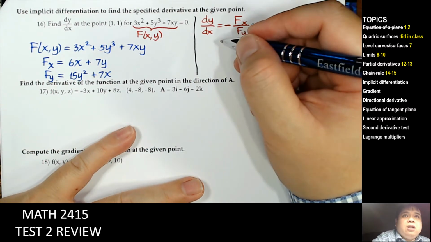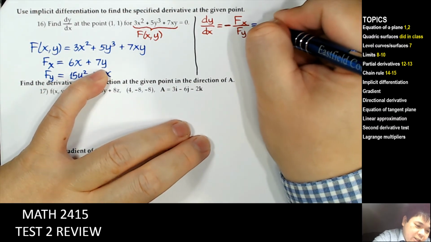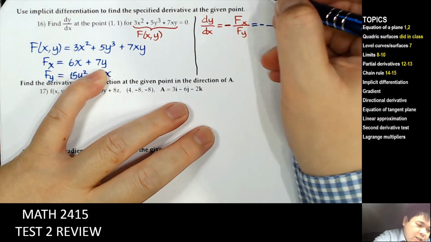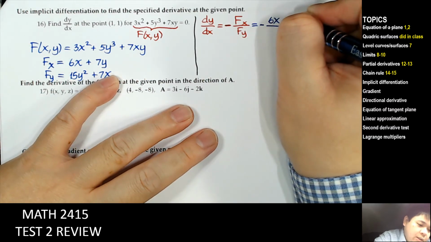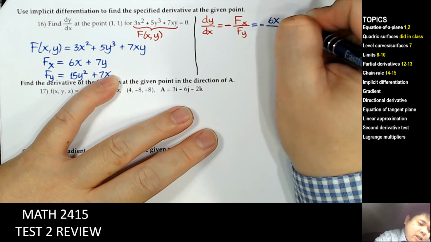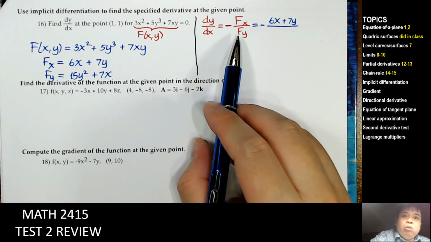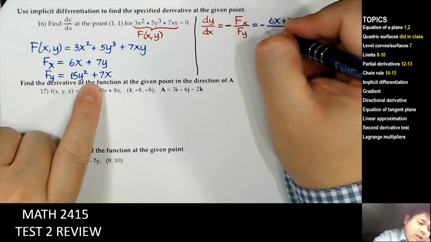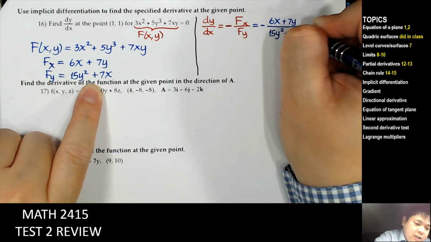Partial derivative with respect to x, 6x plus 7y, and then partial derivative with respect to y, 15y squared plus 7x.